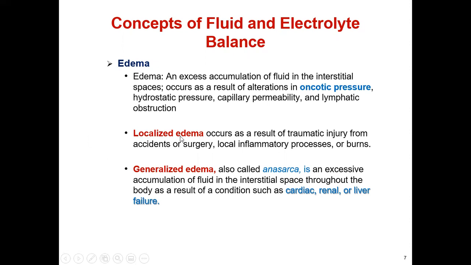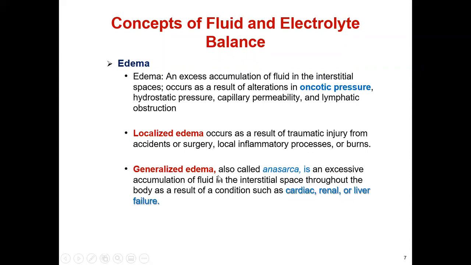Edema may be localized or generalized. If it is localized, it is the result of a traumatic injury from an accident or surgery, a local inflammatory process, or a burn.